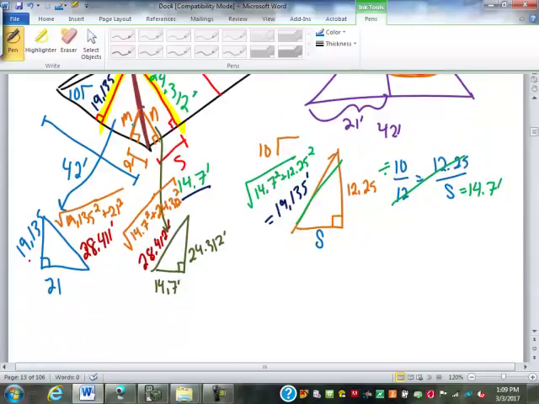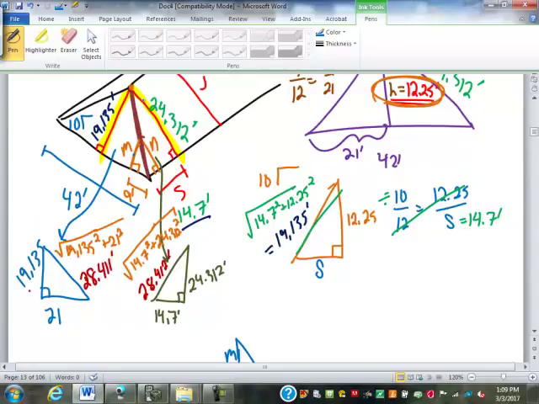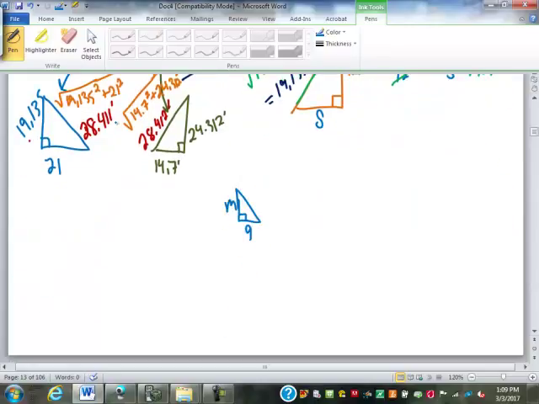I'm going to start by finding M, because I have that one dimension there. It gives me this little triangle. It looks like this. This is M, and this is 9. Are there any triangles here that have to be similar to that? Look at this one here, right? N is not necessarily similar to it. It's a different slope. But this big one here. So the 19.135 and the 21.